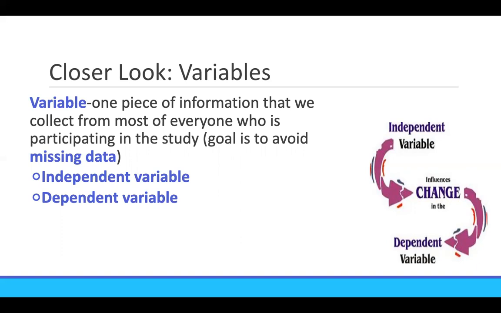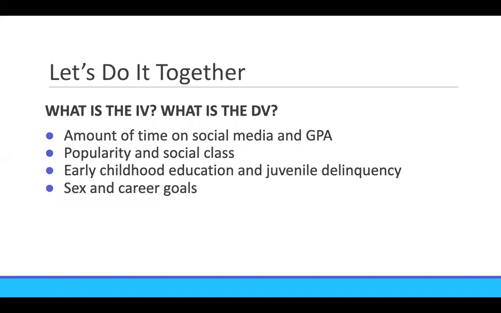And just because a lot of things related to human behavior and conditions are hard to meet the standards of causality, usually we're talking about correlation, right? That we're saying that something goes together, that something influences, that there seems to be this relationship, but we don't want to say that something causes something else. So that's why it's worded this way. The independent variable is what is influencing the change in the dependent variable.